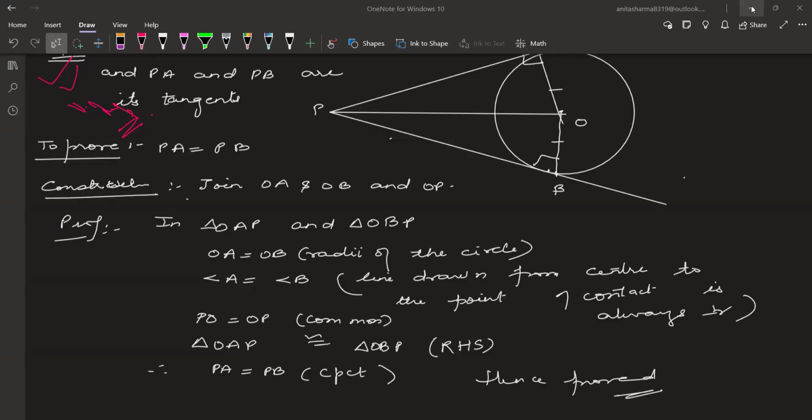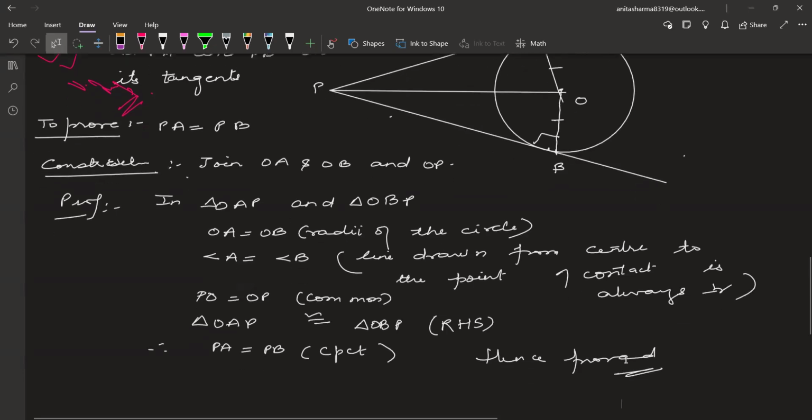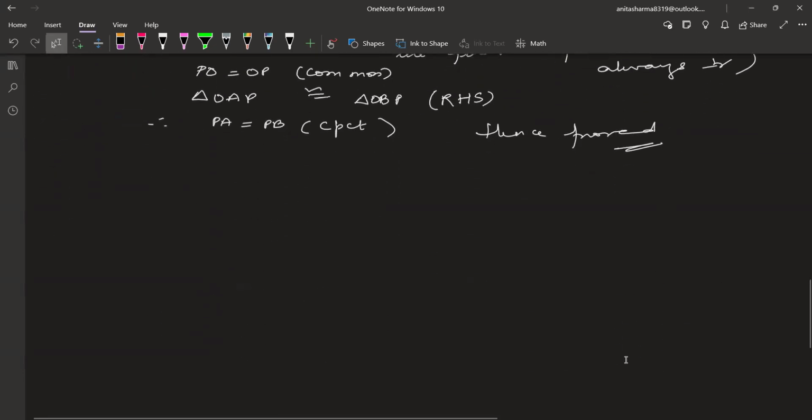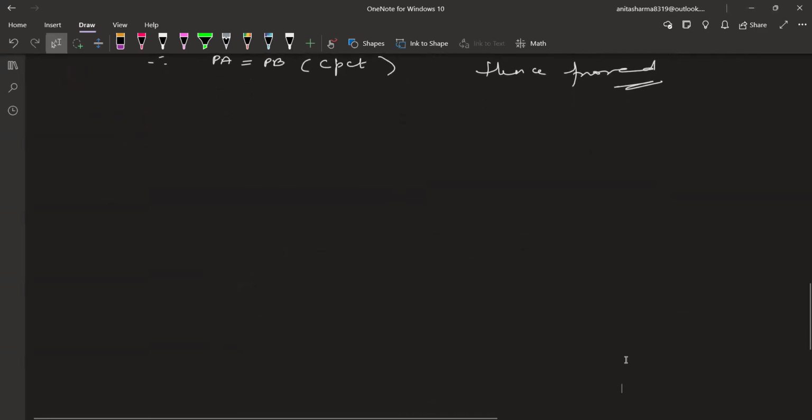Suppose the question came like this. Two concentric circles. What is concentric, beta?